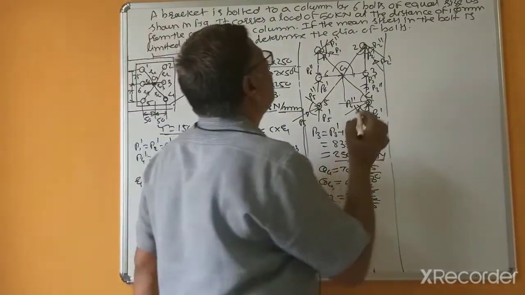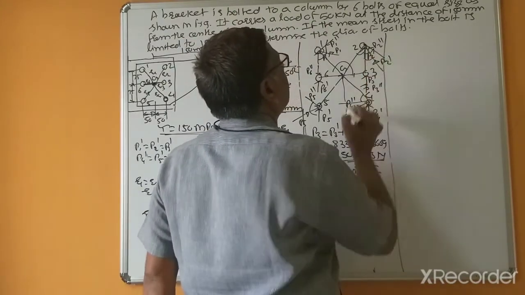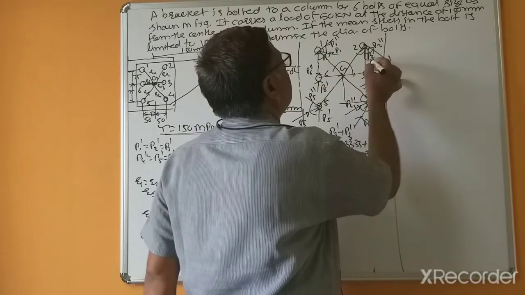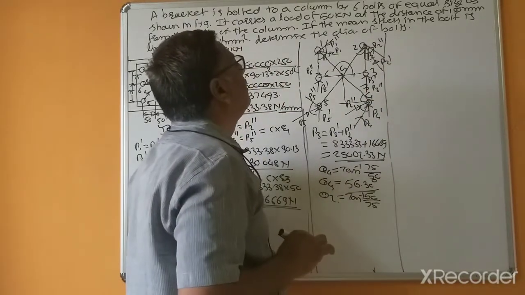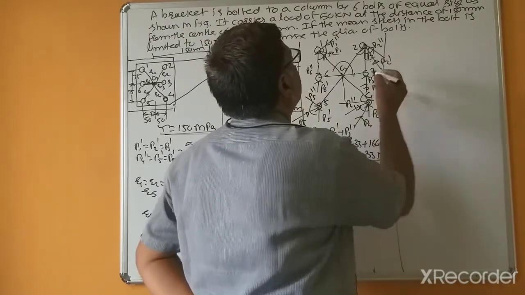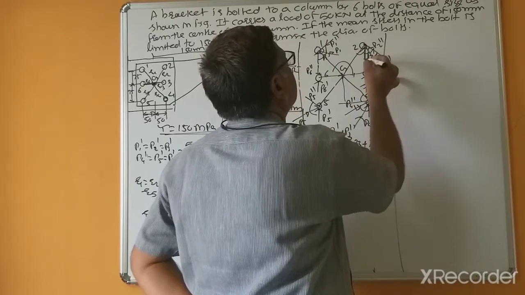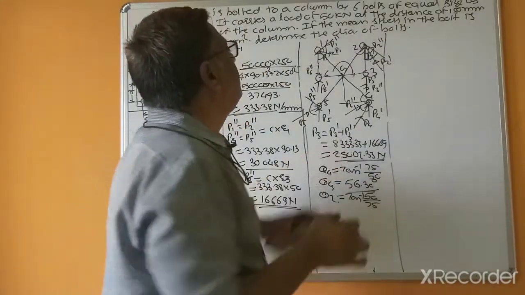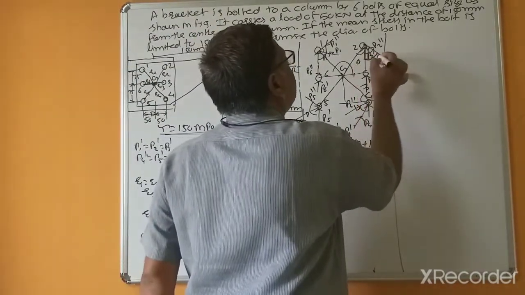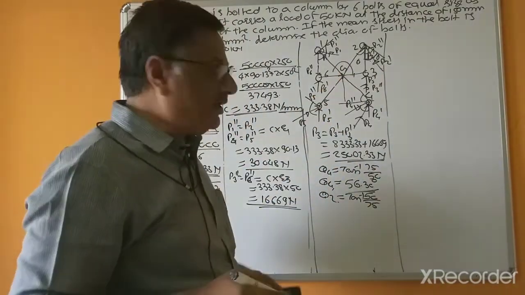Because we have to resolve this force by taking these angles. These angles, and this is theta and this is phi. So after that we can resolve this force vertically.